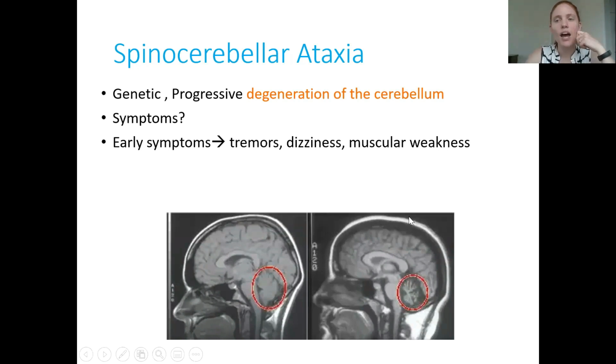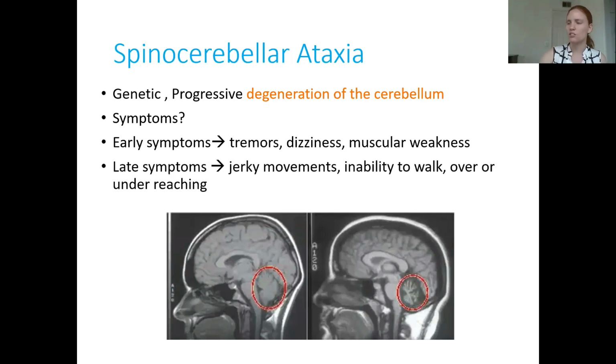but you would have things like tremors, so you would have uncoordinated movements, right? So you would do things like overreaching and underreaching. Say you're trying to grab some water, you couldn't quite get it properly. That's because the cerebellum is in charge of coordinating the motor response to move with the sensory input to make sure that it's a smooth, coordinated action.